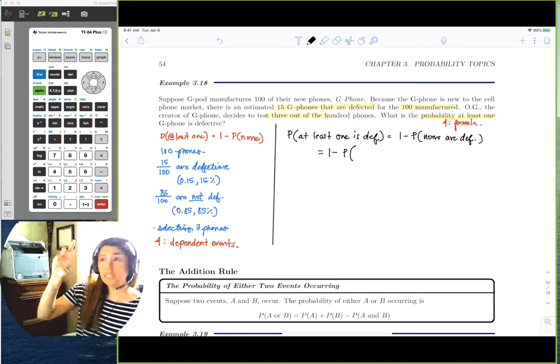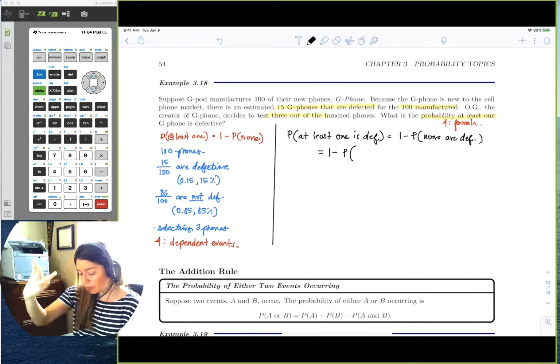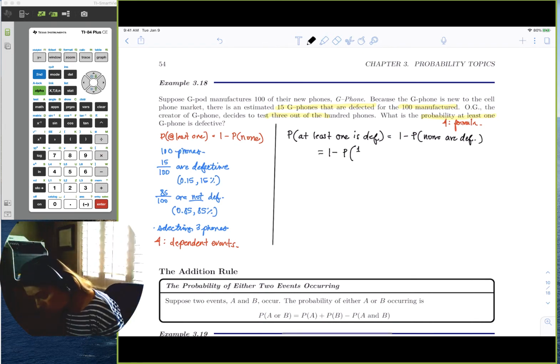Well, the assistant's selecting 3 phones. So that would mean that the first phone that the assistant selects is not defective, and the second phone is also not defective, and the third phone is also not defective.